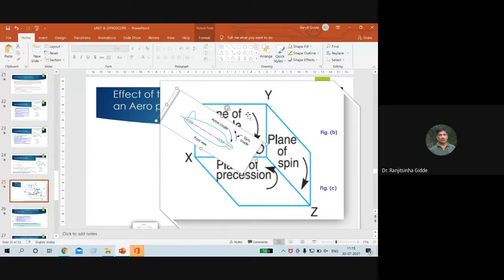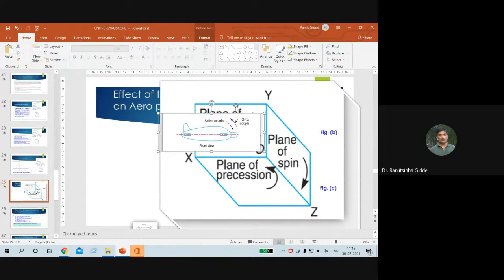So whether the nose will raise or the tail will dip, that we are going to observe in the plane of couple. Revannath, am I audible? Yes, sir.